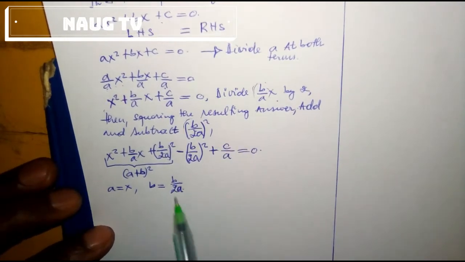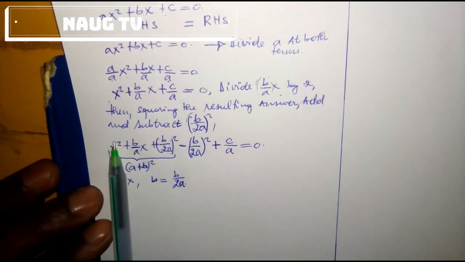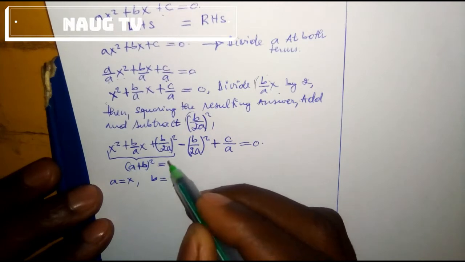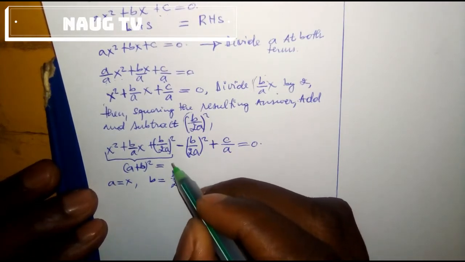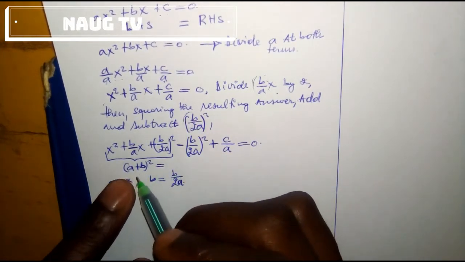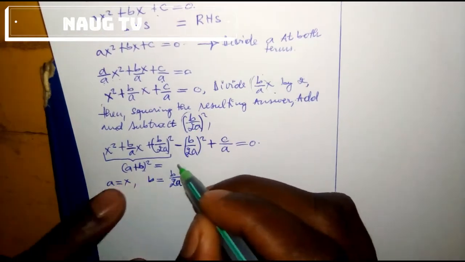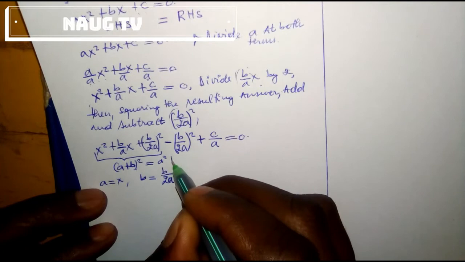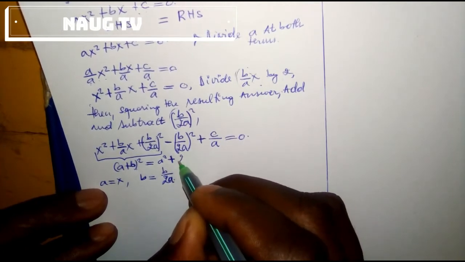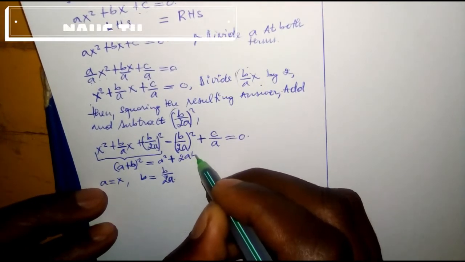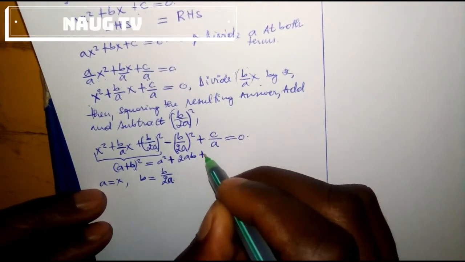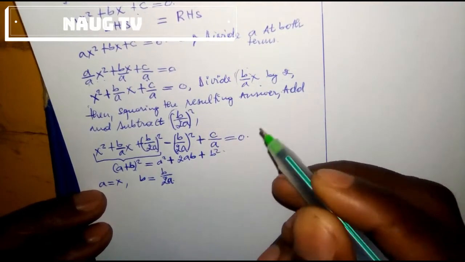I think it is this term here, because when you multiply a plus b by a plus b, you will get the answer, which is a squared plus 2ab plus b squared.